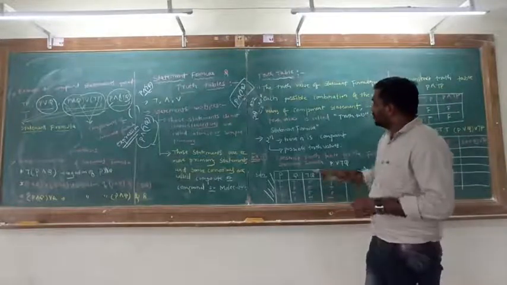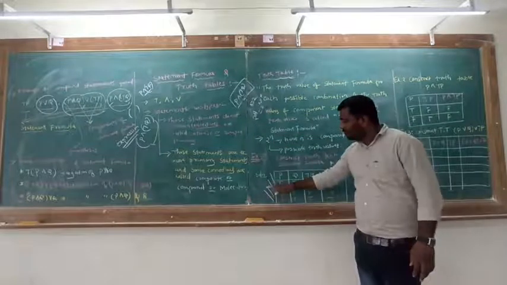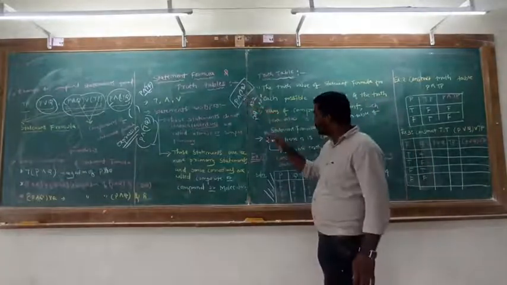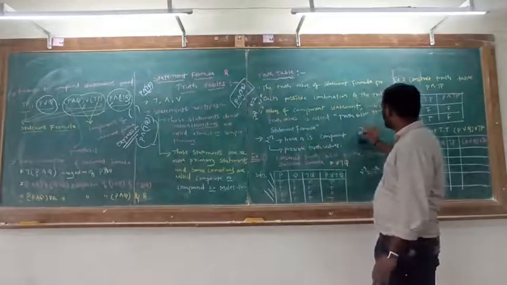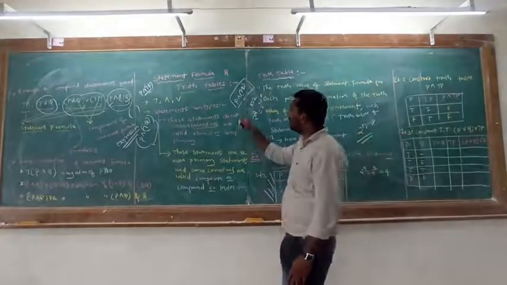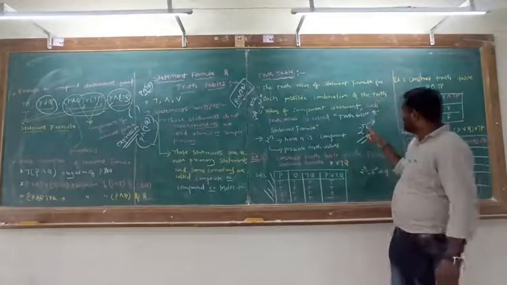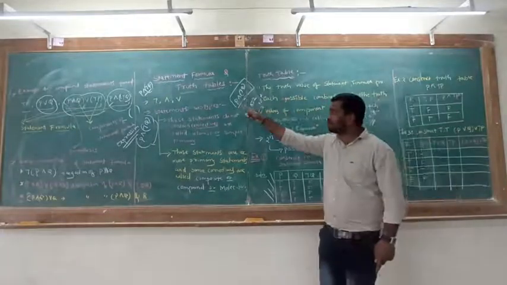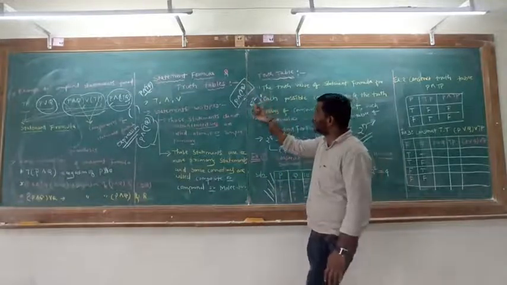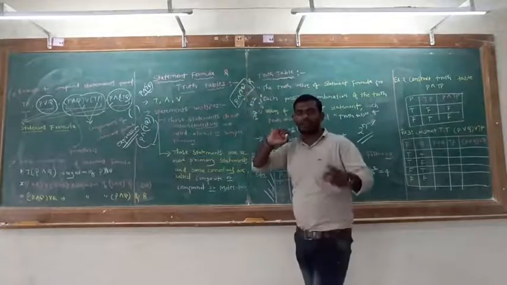To calculate the number of possible truth values of the statement formula, we use the formula 2 raised to n, where n means the number of components. Here P and Q are the components, so n is 2. Suppose the statement formula also has R, so P, Q, R, there are 3 components.